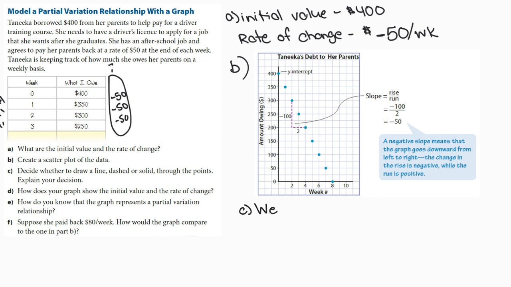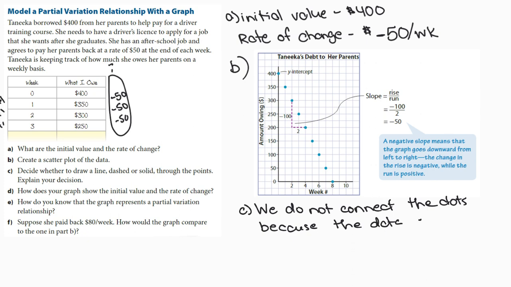This data is what we call discrete data, which means nothing is changing in between each point. So we do not connect the dots because the data is what we call discrete, which means nothing is changing between the points.